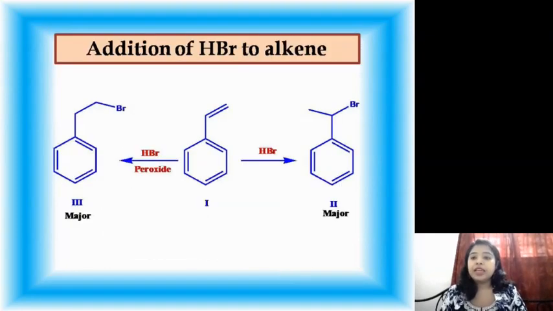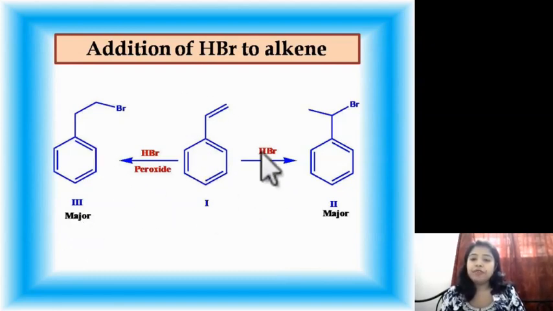Now let us take a particular example. This is the addition of HBr to your alkene. As you can see here, HBr is getting added and the bromine is getting added to this carbon. Now there are two options. One is a major one. I think I have made a mistake here. Actually, no, there is no mistake.